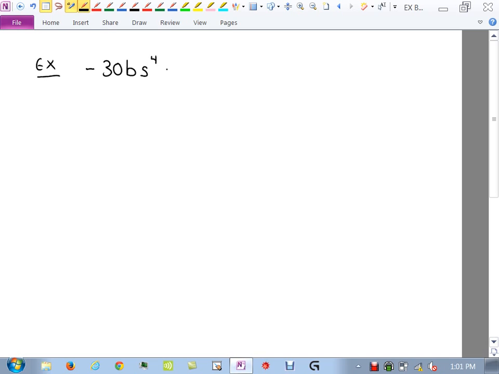Plus 15 B S cubed T. That's a T, not a plus. Plus 6 S to the 4th minus 3 S cubed T.